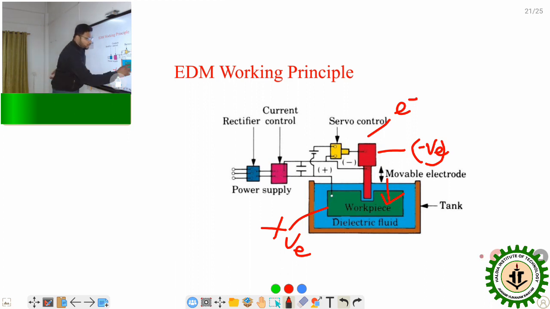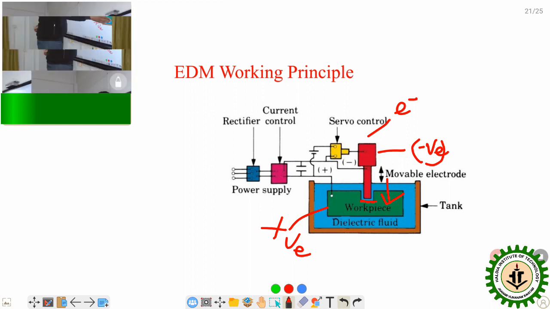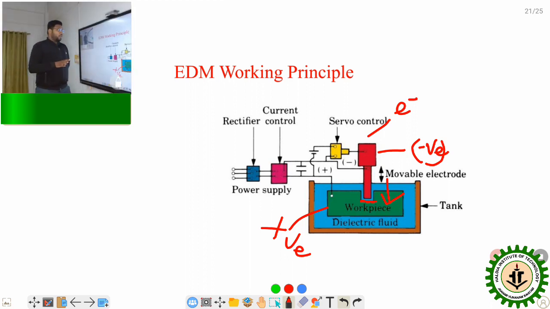This plasma channel strikes the workpiece surface, and the temperature of the workpiece increases so high that the metal melts and vaporizes within an instant. Then the removed material is flushed away by the dielectric fluid. So this is the main principle of EDM.